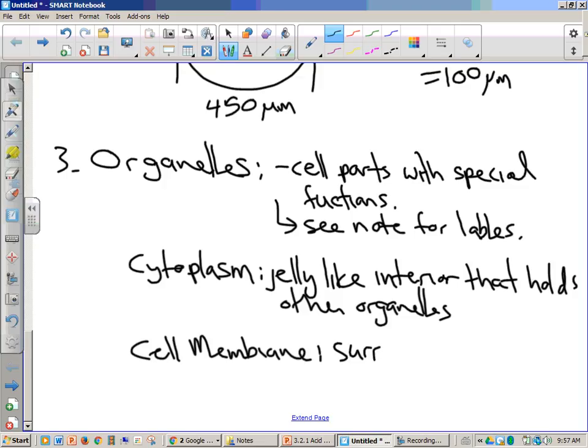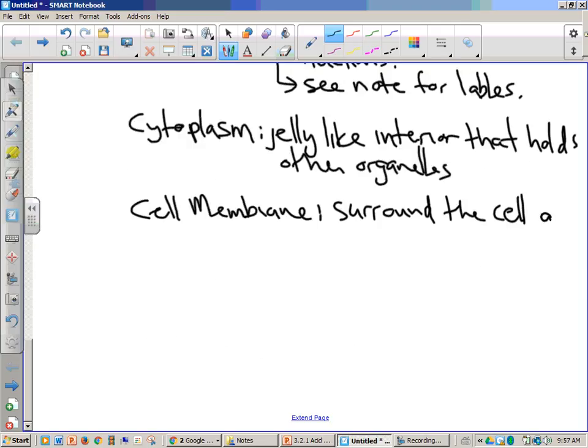It surrounds the cell and allows, two L's, allows substances in and out. What comes in to a cell? What's that? Nutrients.